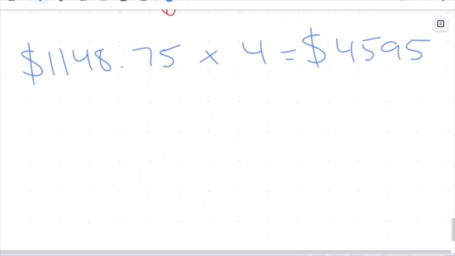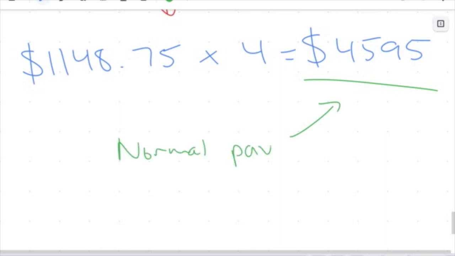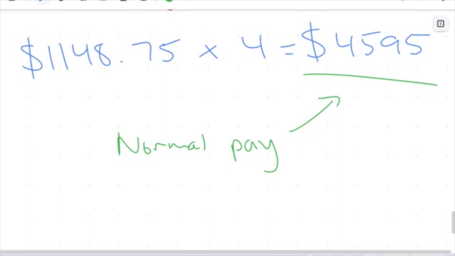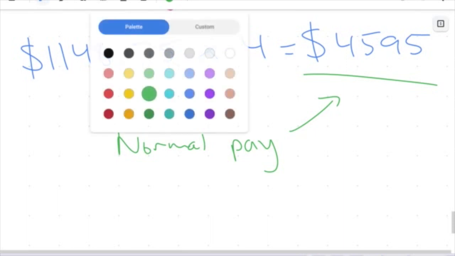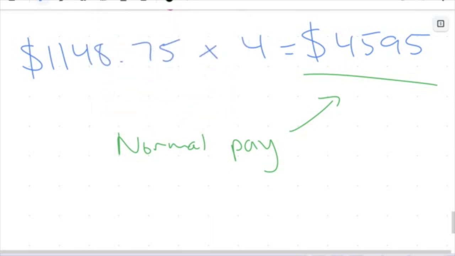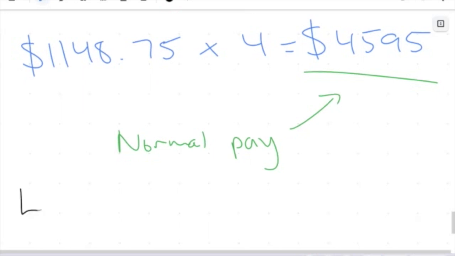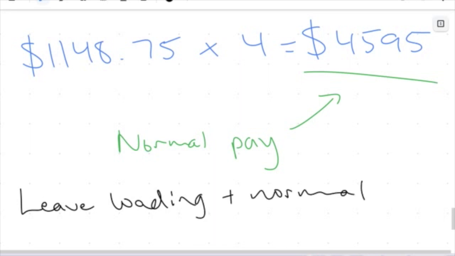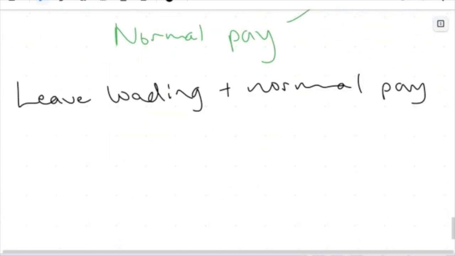And here, this is just my normal pay. Let me label that. That's my normal pay. But I also want to think about leave loading. So my leave loading plus normal pay, that's the total I'm getting.